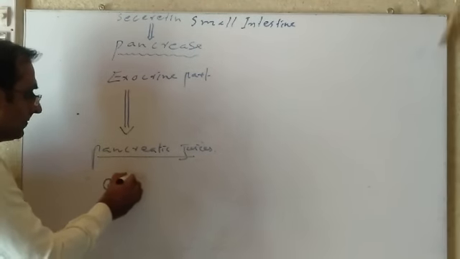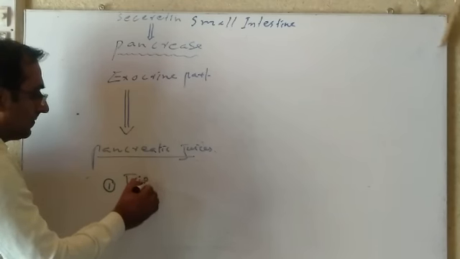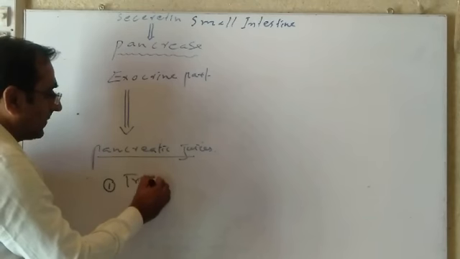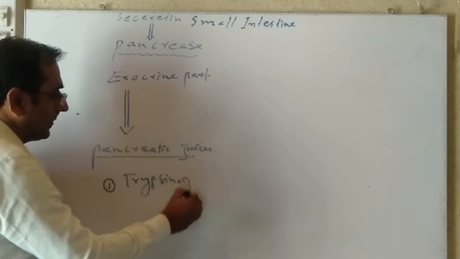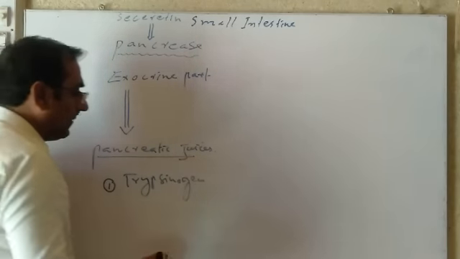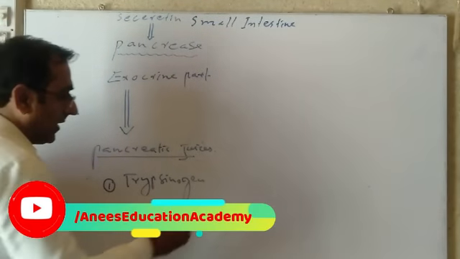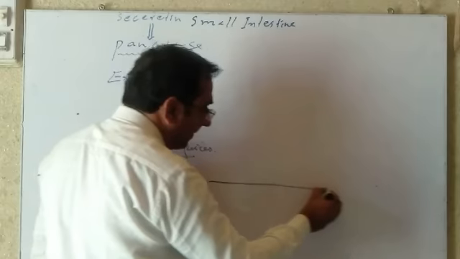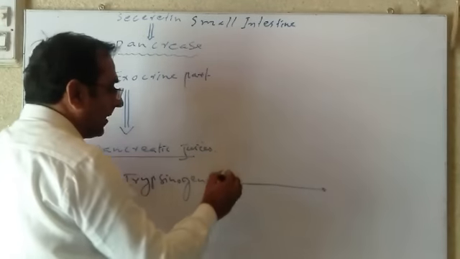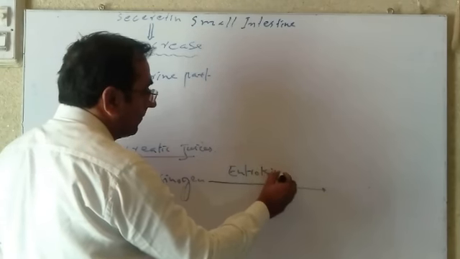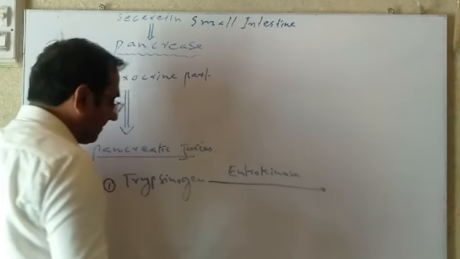One is trypsinogen. Trypsinogen is an inactive form of trypsin. It converts into the active form by the activity of enterokinase.